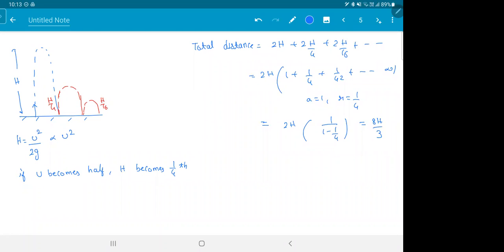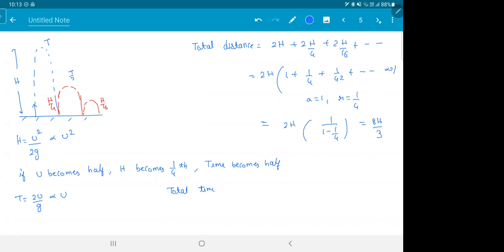Take your steps. What about the time? Time of flight, remember, is 2u by g. This is proportional to u, which means whenever u becomes half, time also becomes half. So what's the total time?